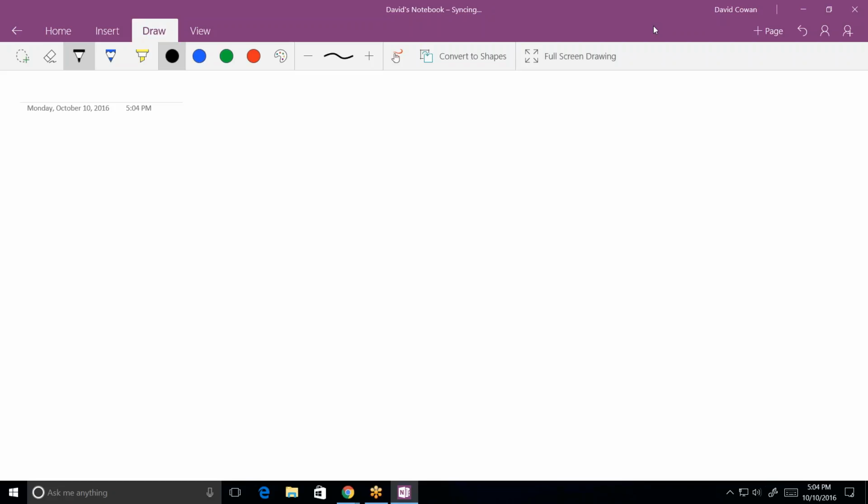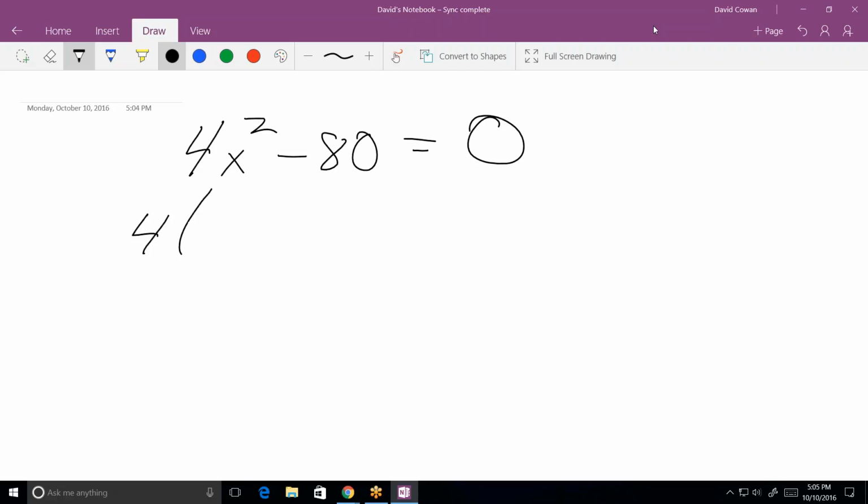Give me an example. So we have 4x squared minus 80 equals 0. Typically, you might solve this by factoring out a 4 and leaving this.